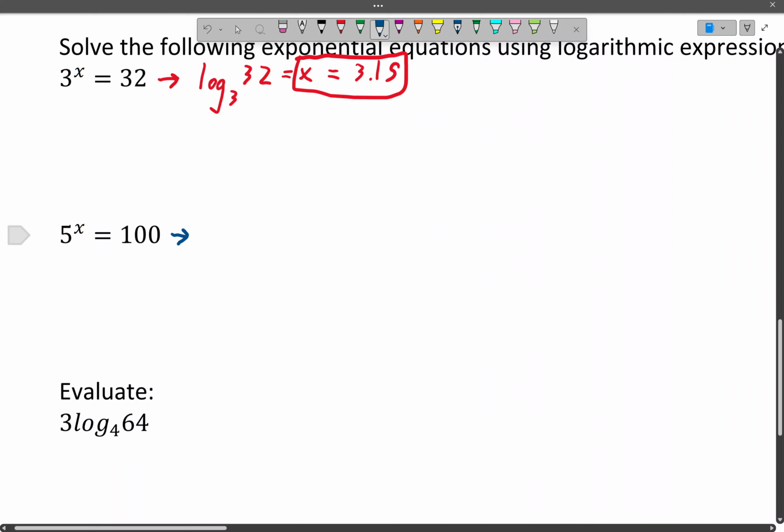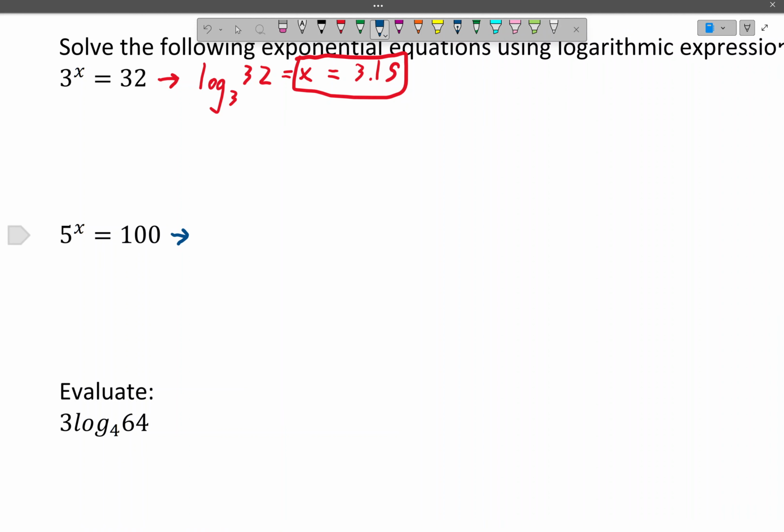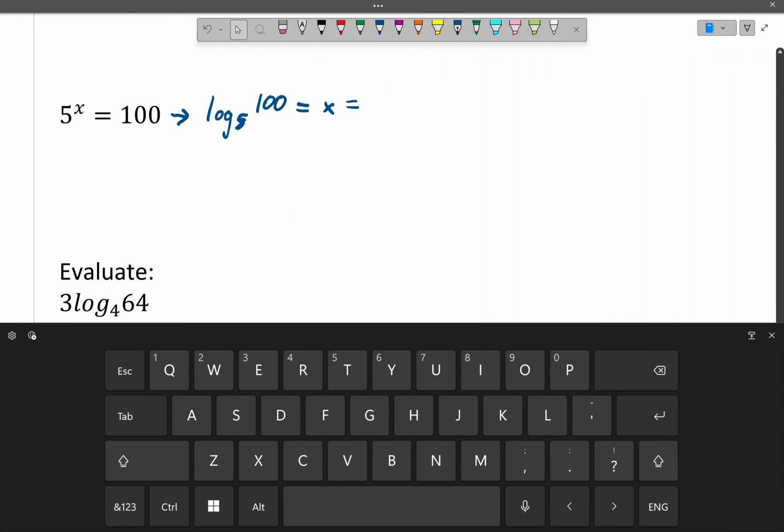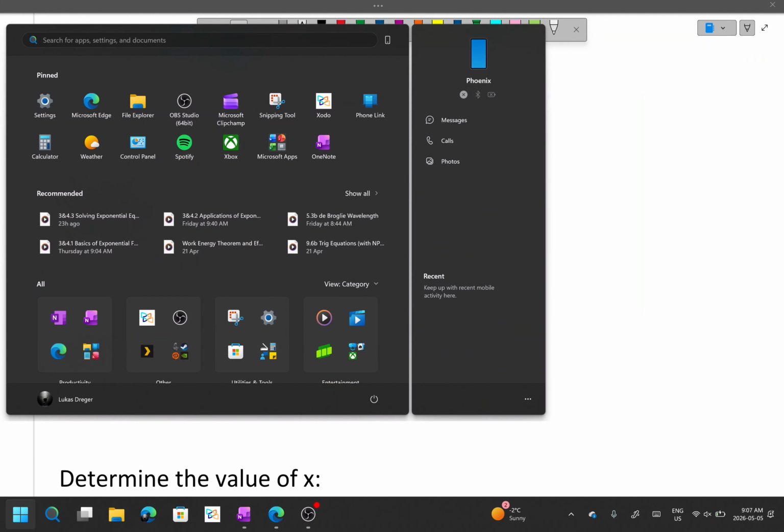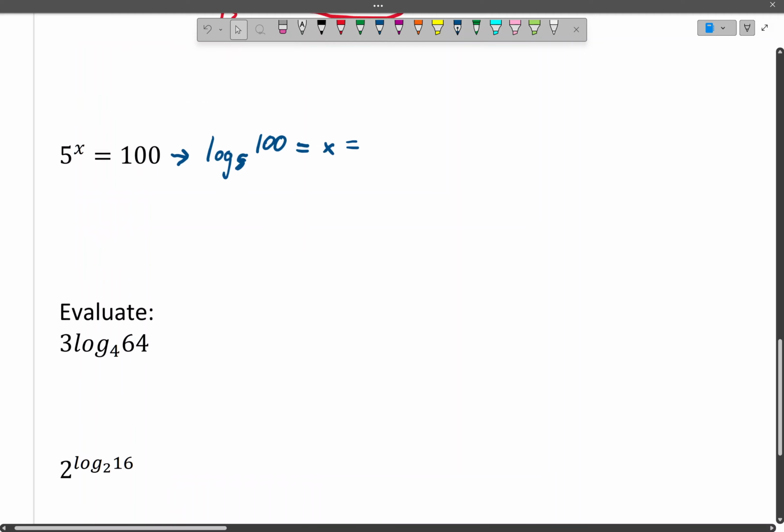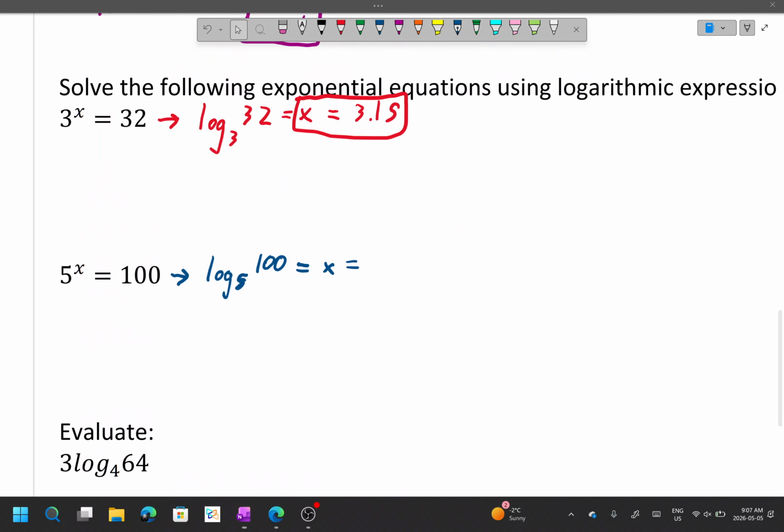Okay, let's keep going. We're going to try the next one. I recommend you pause the video now and see if you can get the answer. So this is going to be log base 5 of 100, which equals x. Now we just need to plug this one in.